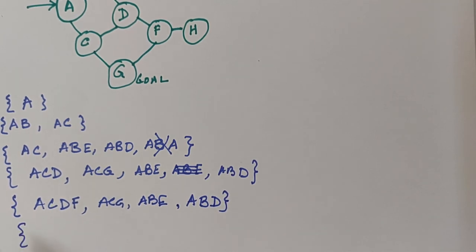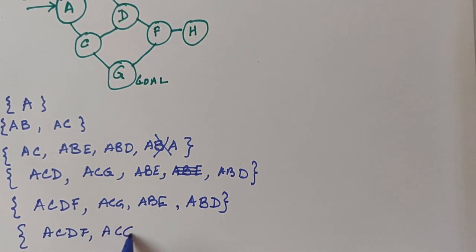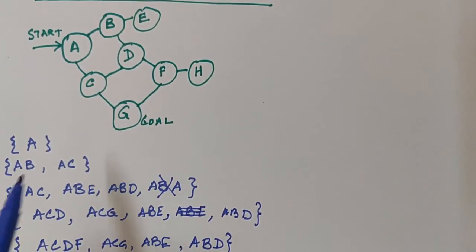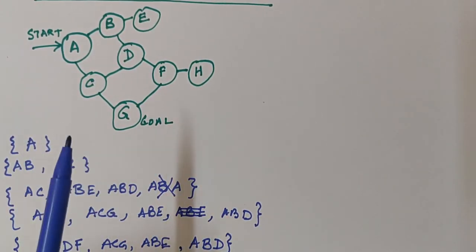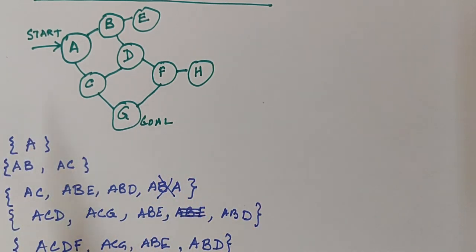I break the tie anyhow and choose maybe ABE. By removing ABE, from E I cannot go back to B again. It has already been explored, so I have nothing to add more.